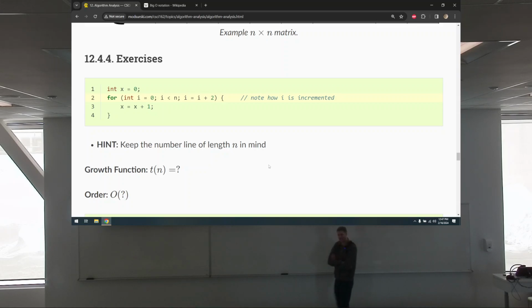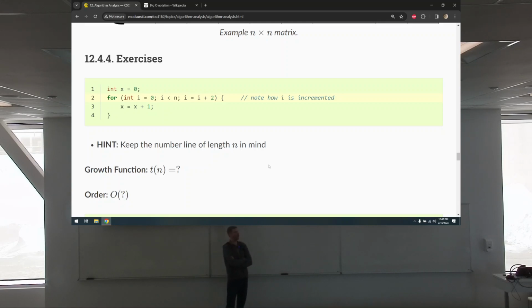If it's not immediately obvious to you, that's fine, you're normal. But let me pose it this way. How many times will this loop run? Yeah, half of n. Because I'm not counting by 1, I'm counting by 2.